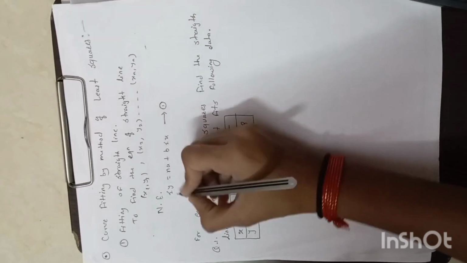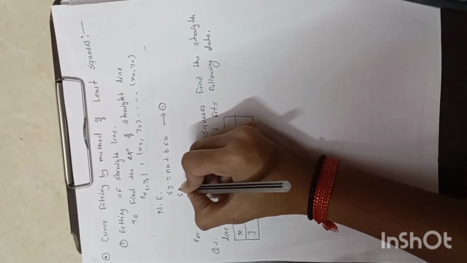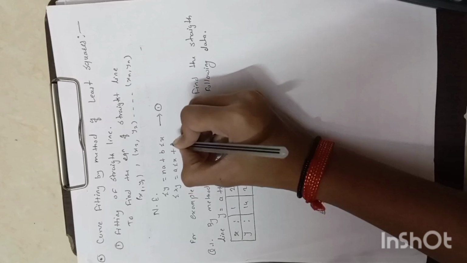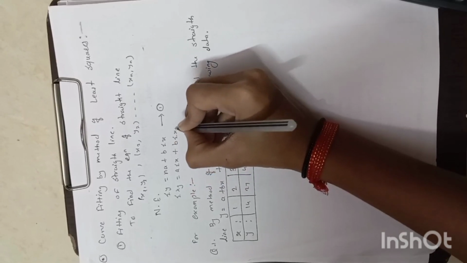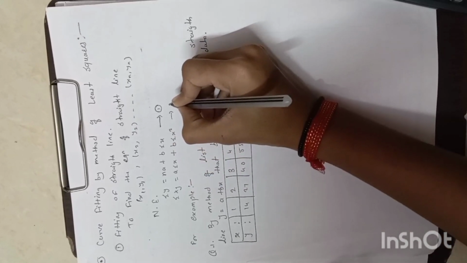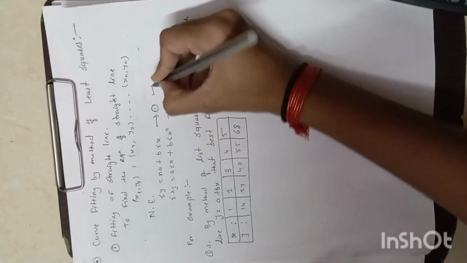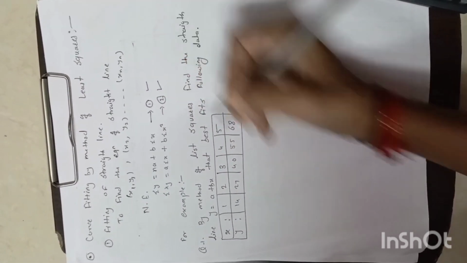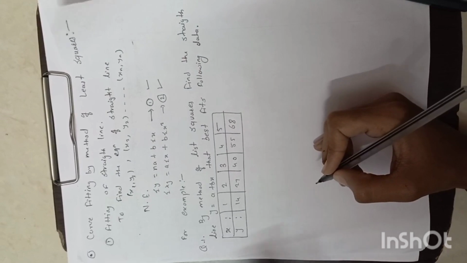This is one normal equation, and summation xy is equal to a summation x plus b summation x square. This is the other normal equation. Using these two normal equations, we solve the following examples.